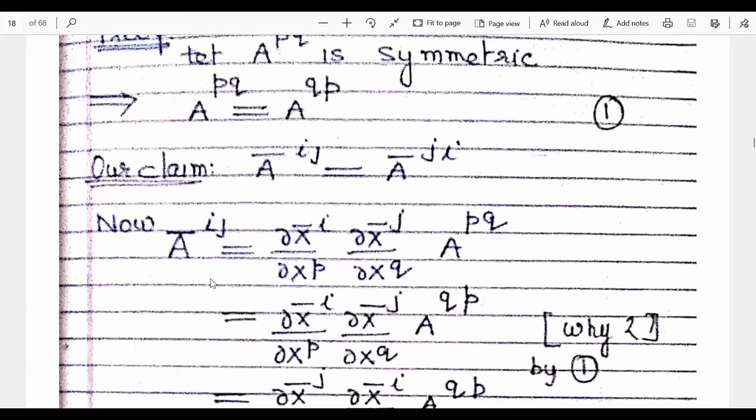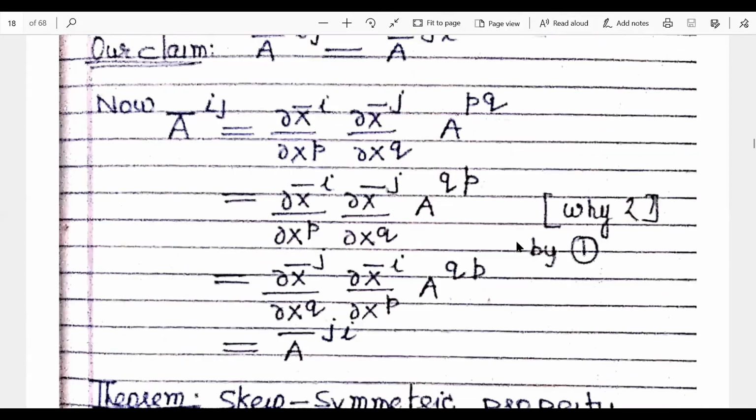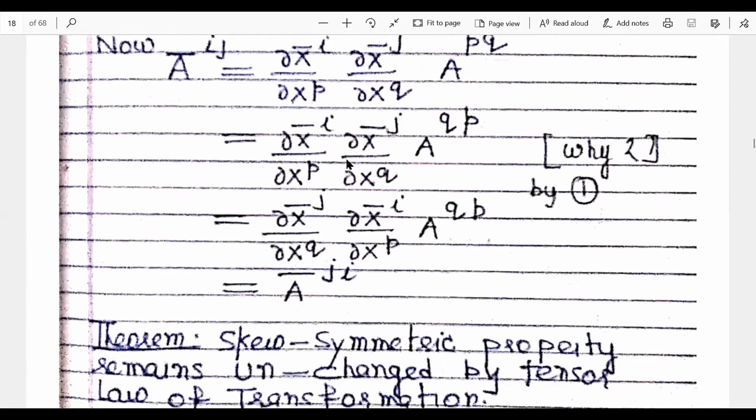Now by definition, A bar ij, in terms of A_pq, is ∂x̄^i/∂x^p, ∂x̄^j/∂x^q into A_pq. Now by the symmetry property, this value is equal to A_qp. So here we get these values. Now this can be rearranged in this form. So what is this? By definition, it is A bar ji. So that is our result.